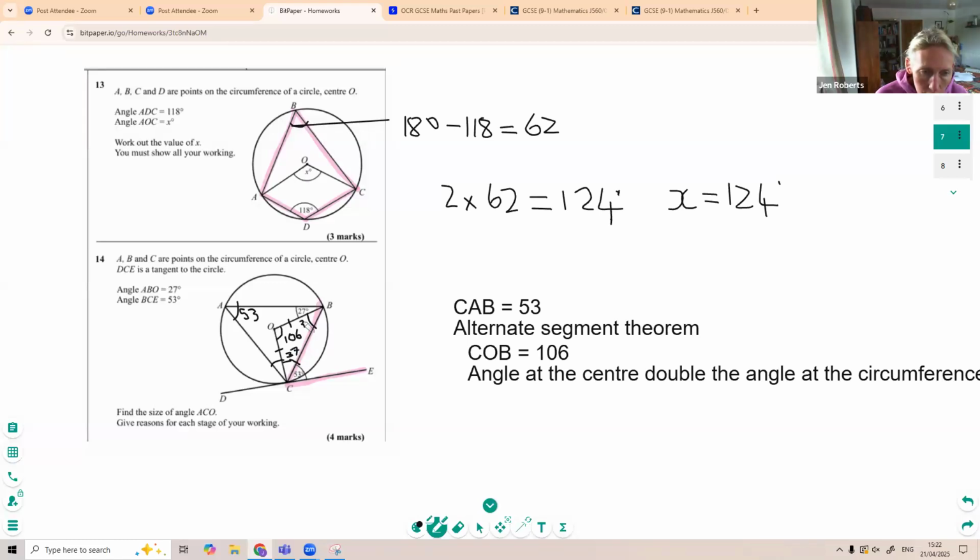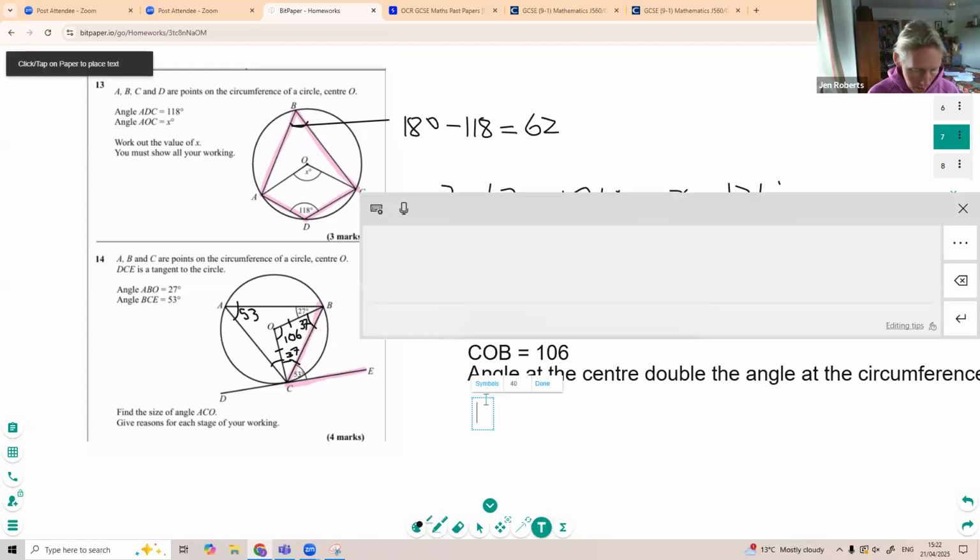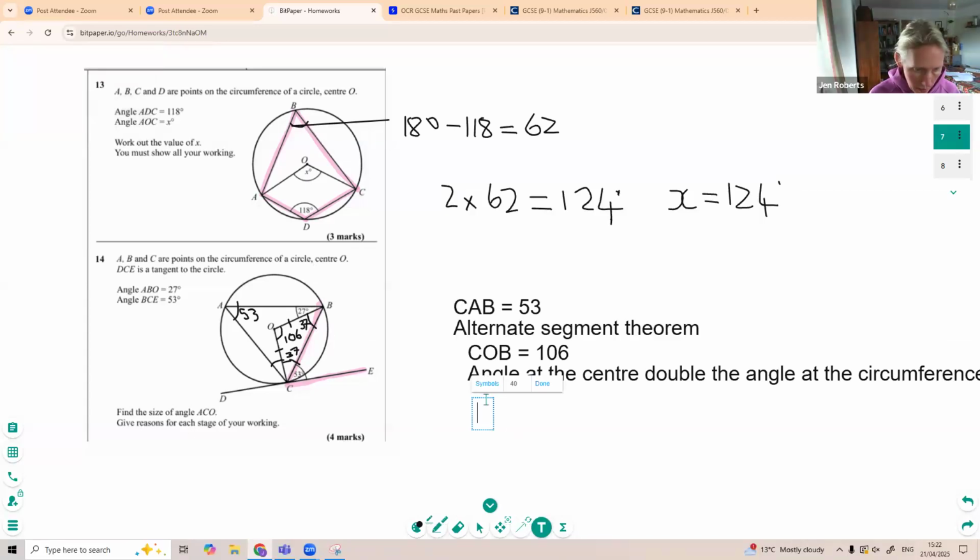This is 37. So we're going to say OCB equals 37. Isosceles triangle.